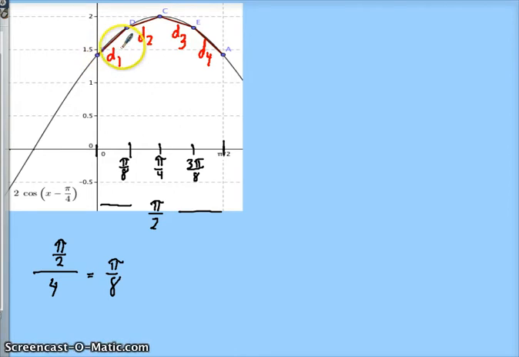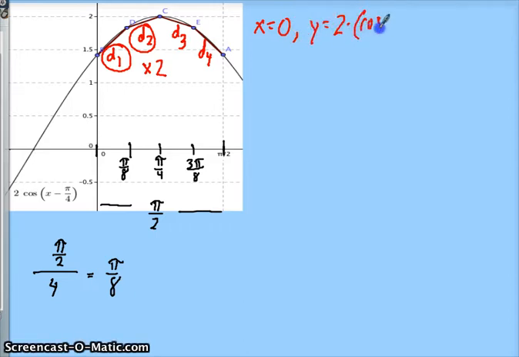That means I really only need to find d1 and d2 and then multiply by 2 to get the whole estimate. Okay? So, let's see. When x is 0, y is going to be 2 times the cosine of 0 minus pi over 4.